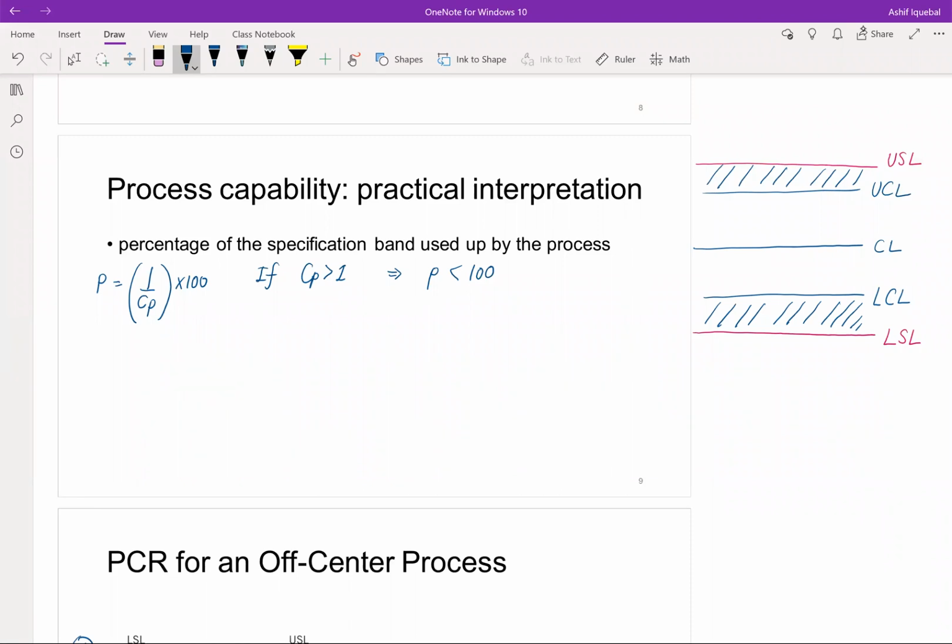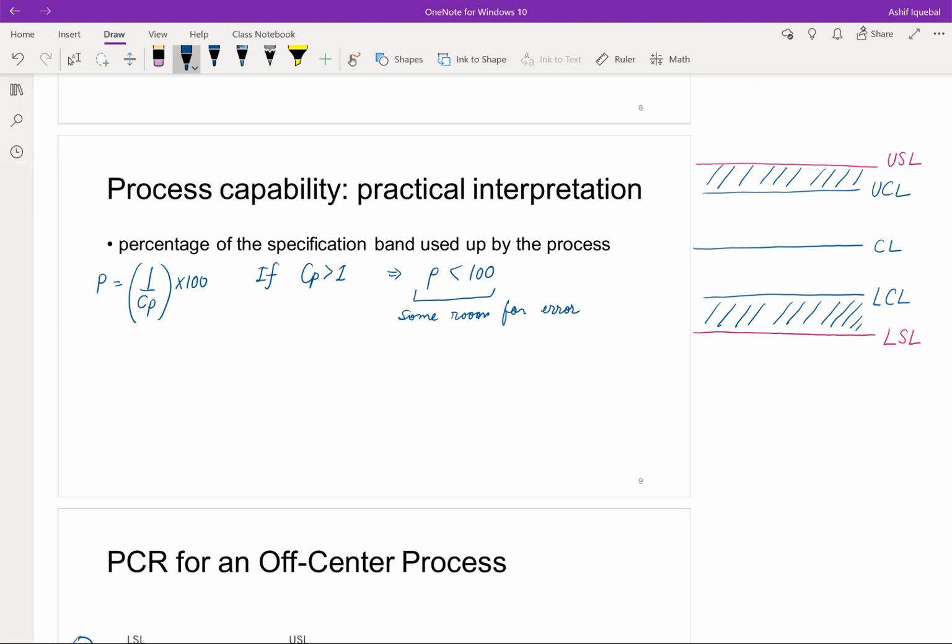It can still lie in this shaded region. So in this scenario, we have some room for error. This is beneficial for the manufacturer. They can still make a little bit of mistake. Their process can be a little bit out of control, but their products would still be acceptable to the customers.